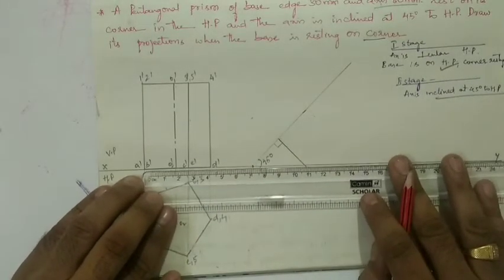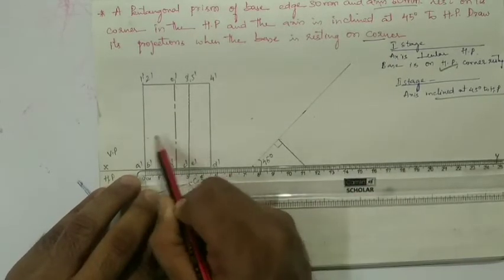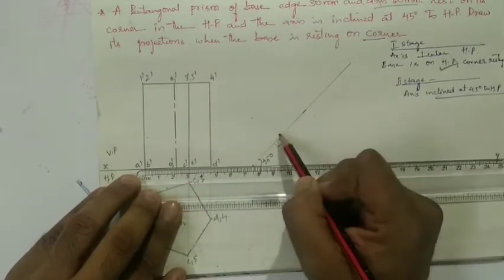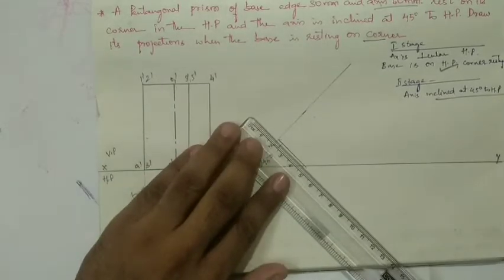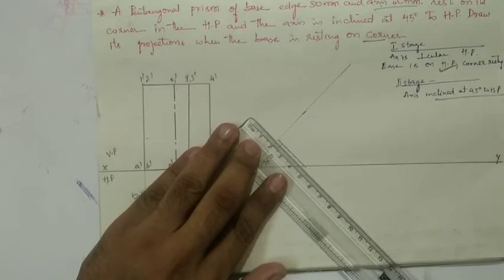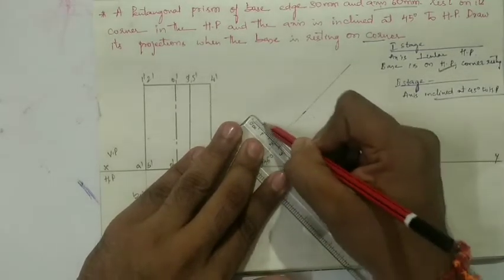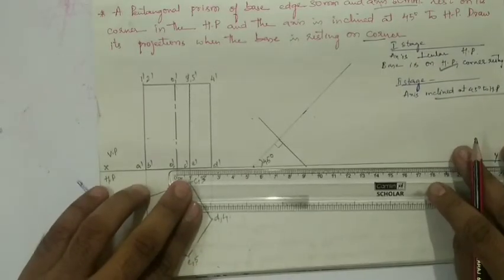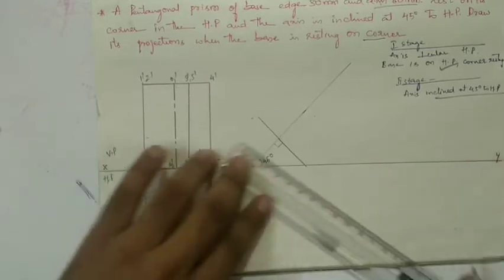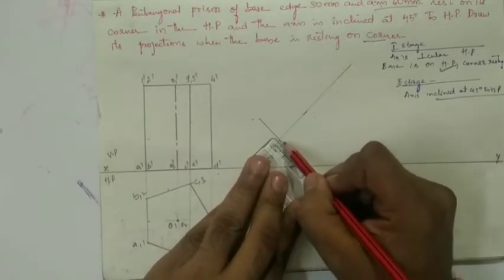From the axis point, measure the distance. From the axis, measure this distance and extend the line from here. It's around 2.1. Extend the line, 2.1. Then from here to here, measure the distance. It's around 0.9. So it will be below the axis in this inclination.